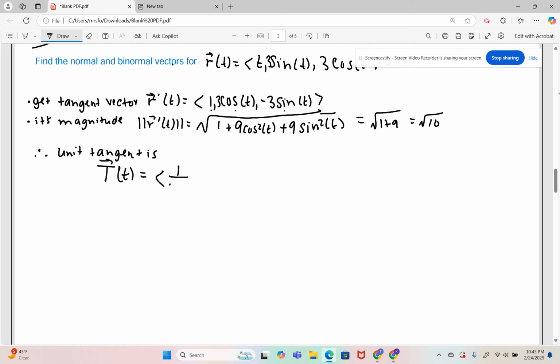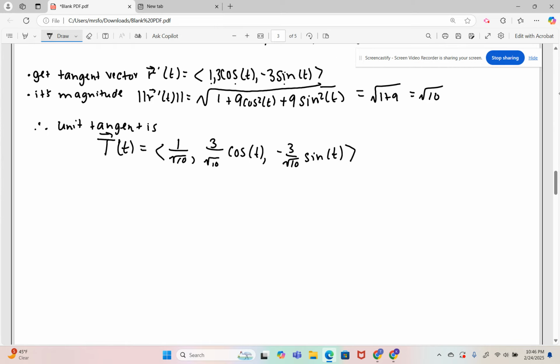So we're going to have 1 over the square root of 10, 3 over the square root of 10 times cosine, and then negative 3 over the square root of 10 times sine. So I know that a lot of times we try to rationalize the denominator. We're not going to worry about that in this. So we found the unit tangent.